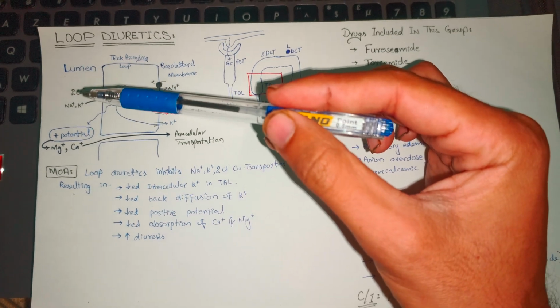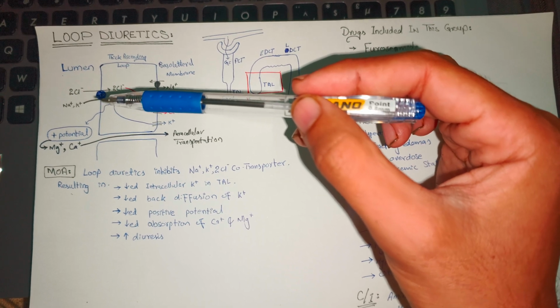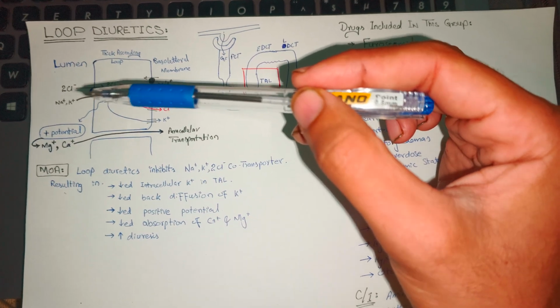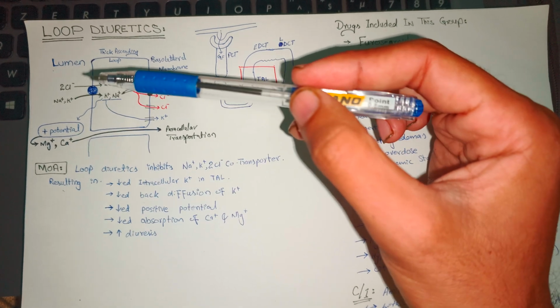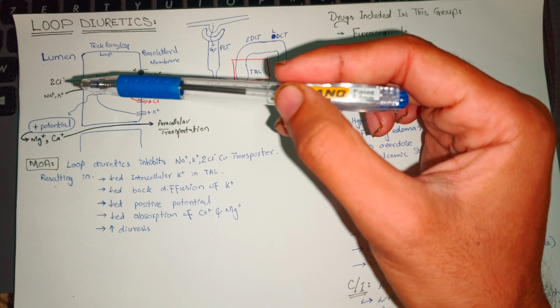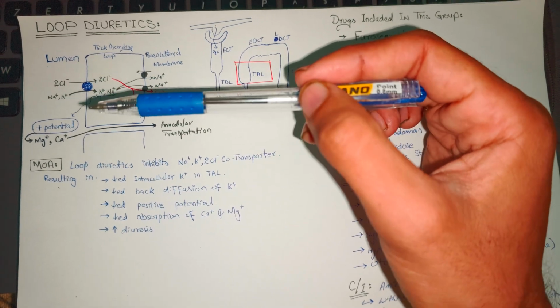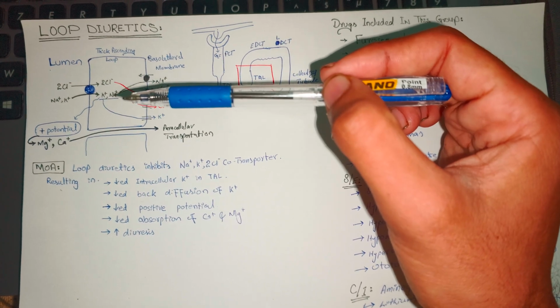From the filtration, there is a channel which is called the sodium potassium 2 chloride transporter. This transporter channel will pick 2 chloride, 1 sodium and 1 potassium, and take them in.